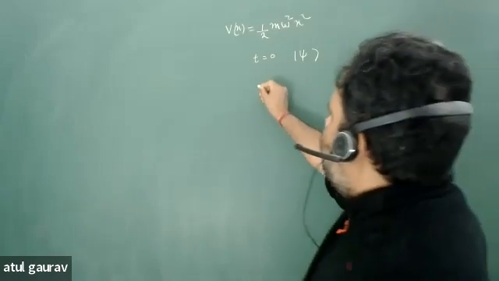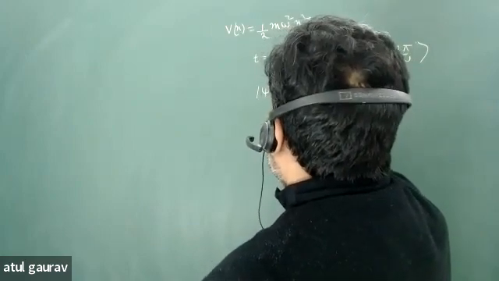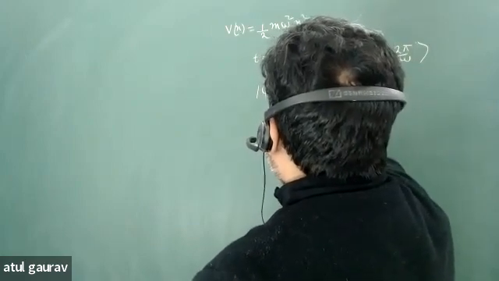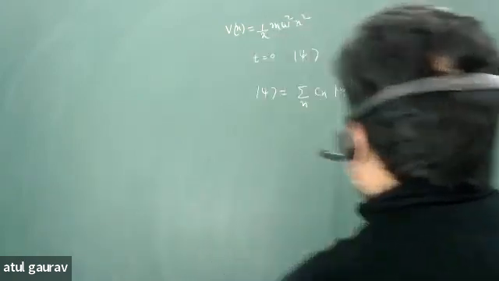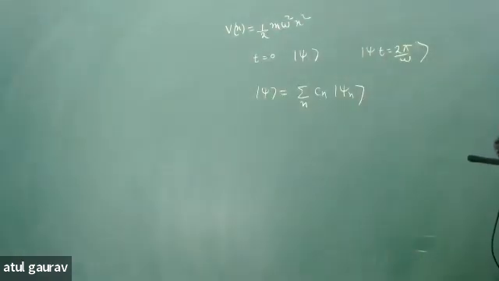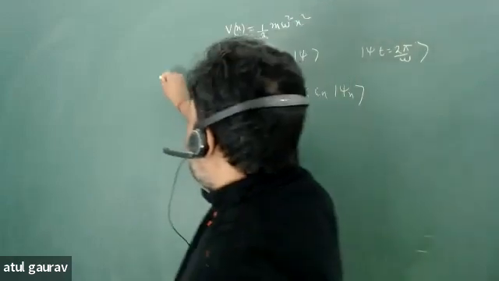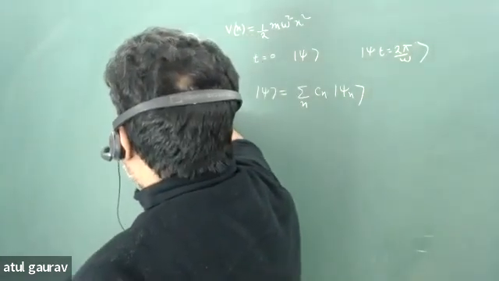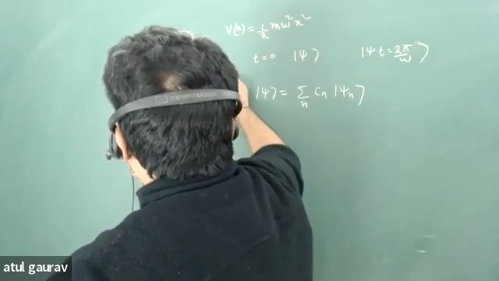So can I write at t equal to 0, psi as summation over n of c_n psi_n? Can we write that? Any wave function can be written in the basis of energy eigenfunctions, yes. This is now a cake walk for you, isn't it?